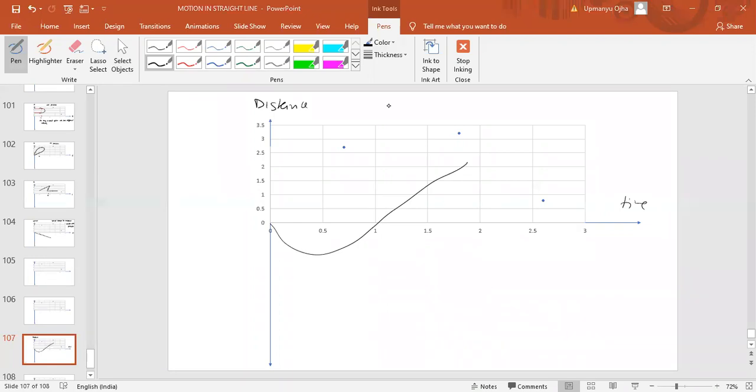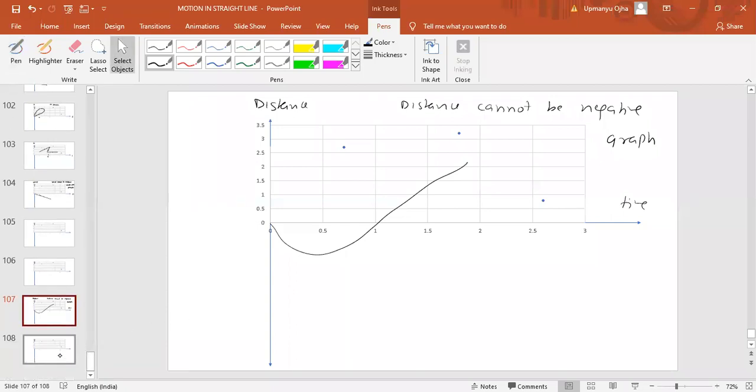Therefore, the graph is not possible. But if it was displacement, then the graph was possible. If this particular graph was a displacement time graph, then it would have been possible. But a distance time graph cannot be possible.